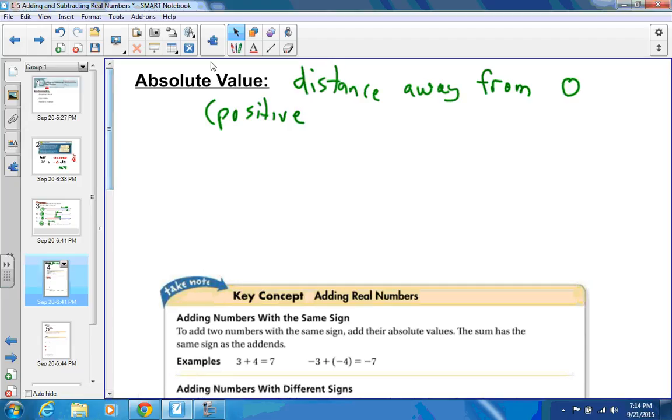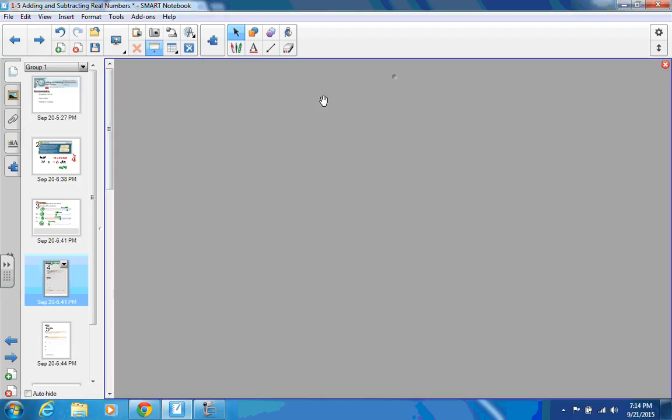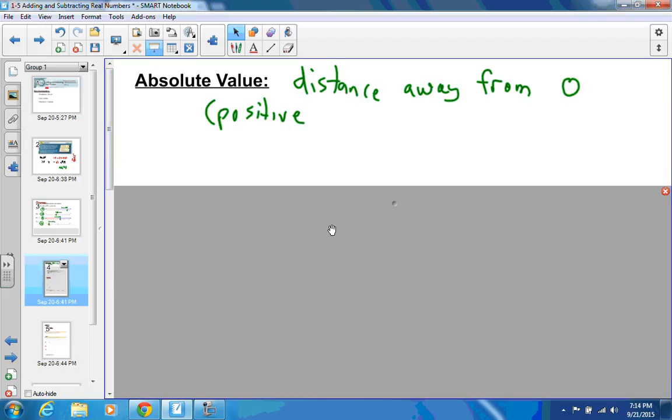I'm going to change this so that it says always positive. Okay, so absolute value of something is always going to be positive.